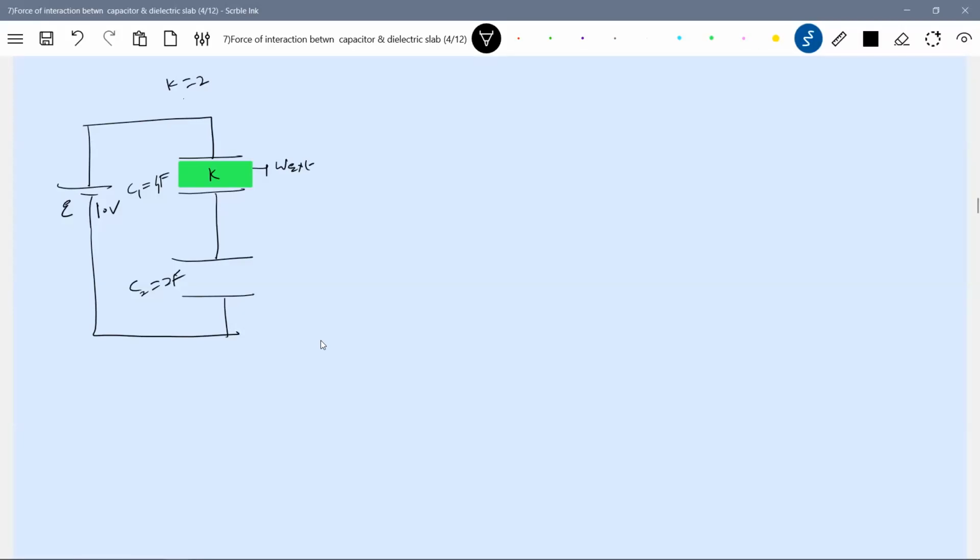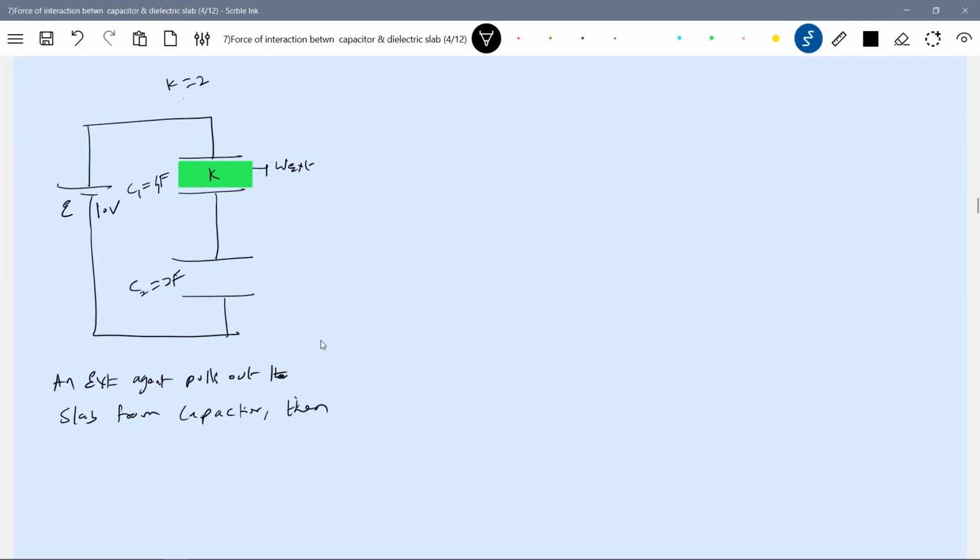So an external agent pulls out the slab from the capacitor.